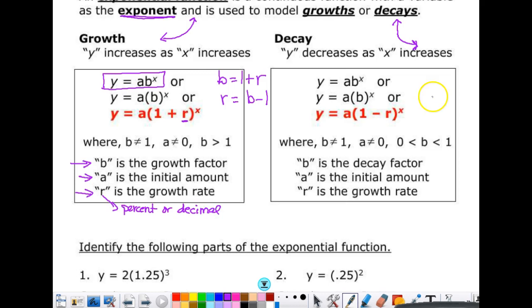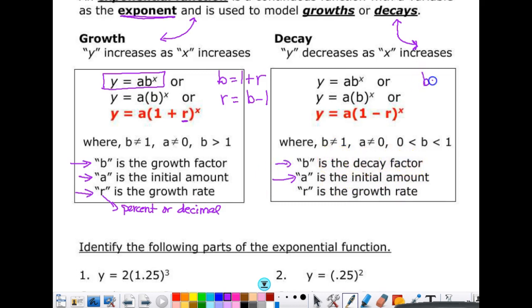Okay, so let's talk about decay for a second. So decay is if something were decreasing. So you were sick and you took some antibiotic, some medicine that the doctor prescribed, and it caused the bacteria in your body to decrease. Okay? So A is the initial amount, the same thing, the amount of maybe bacteria you had in your body. Okay? B is the decay factor.